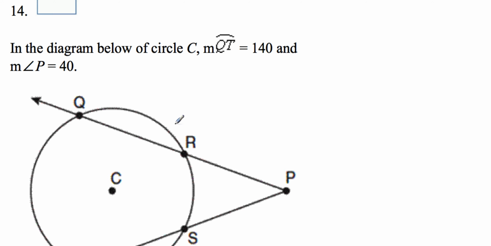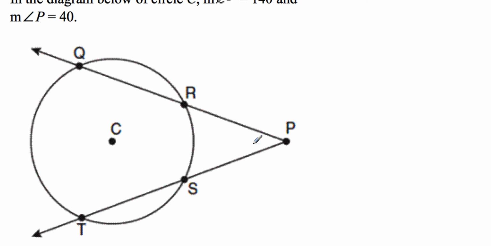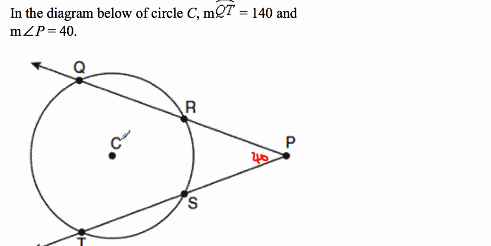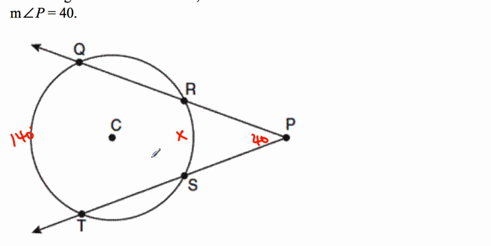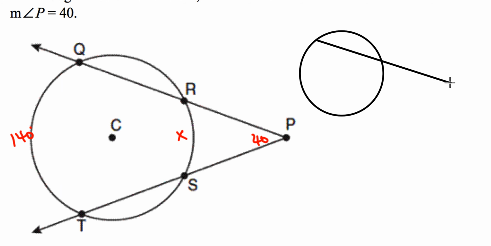So from here, angle P is 40 degrees, and then QT is 140. Then what is, I guess, RS? I'm going to call that X. So in this picture, let me just remind you of the formula here. If I were to share with you that the measure of the arc outside is A and inside is B, and then the angle here is equal to X, then you know that X must be equal to (A - B) over 2.